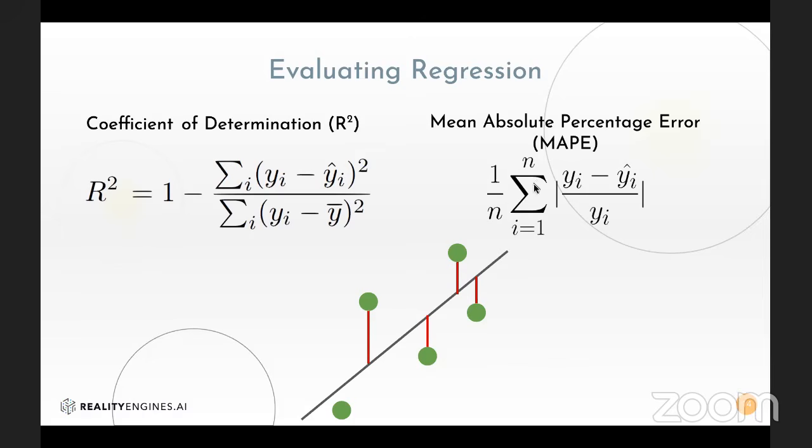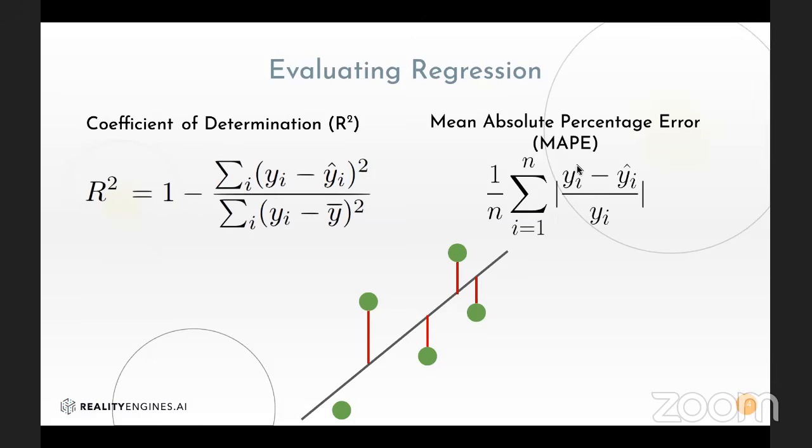Mean absolute percentage error is similar to mean absolute error, but in summing the residuals, it divides by the actual value of the point itself to calibrate, to get rid of the effect of the magnitude changing based on your data.